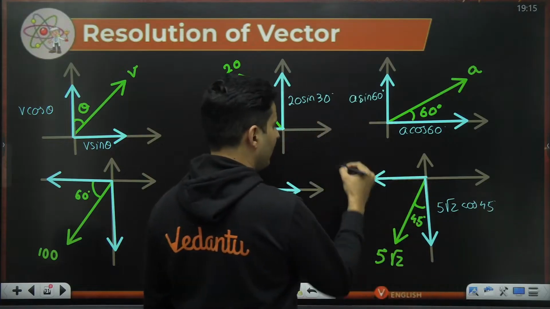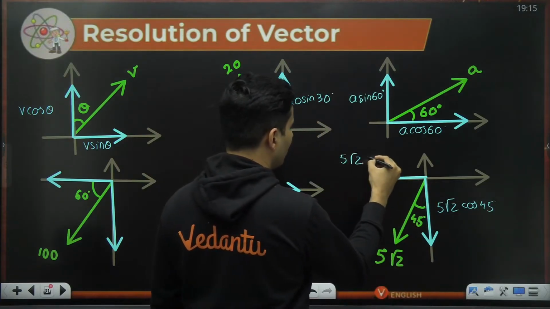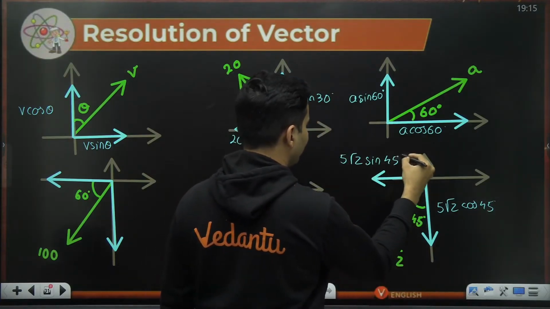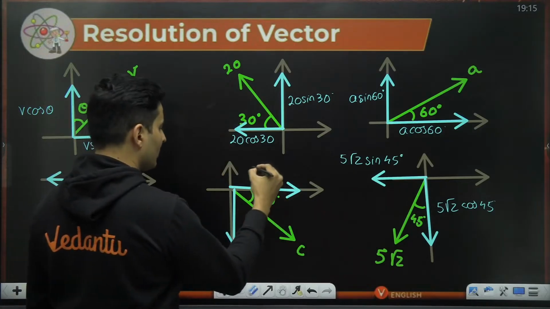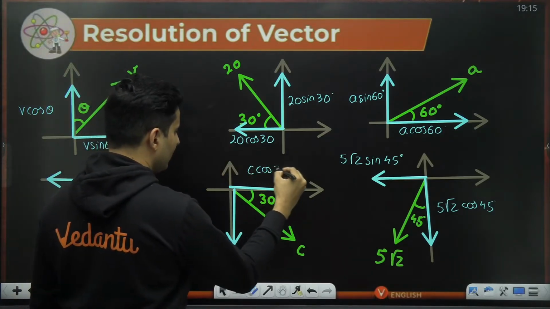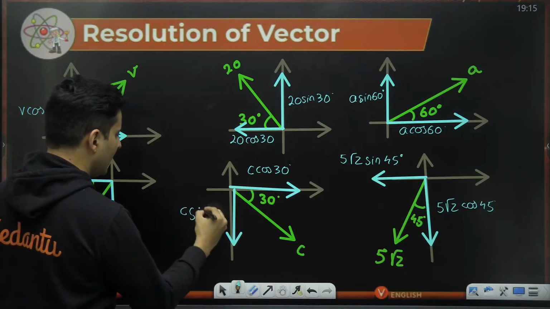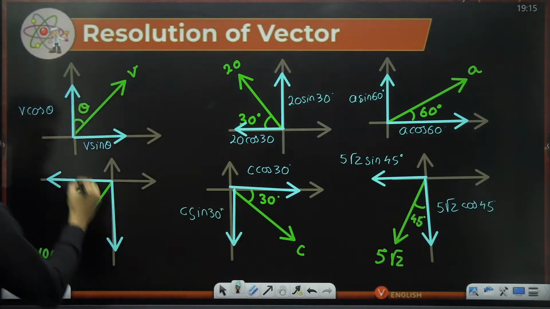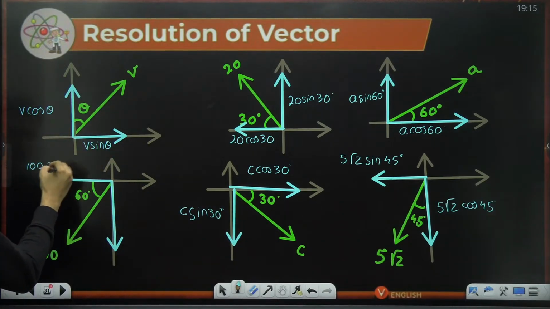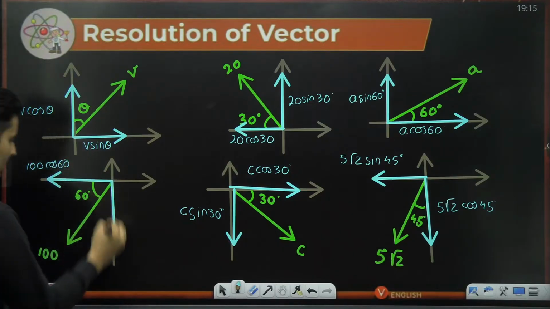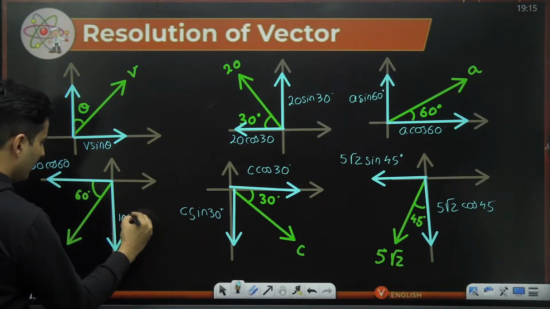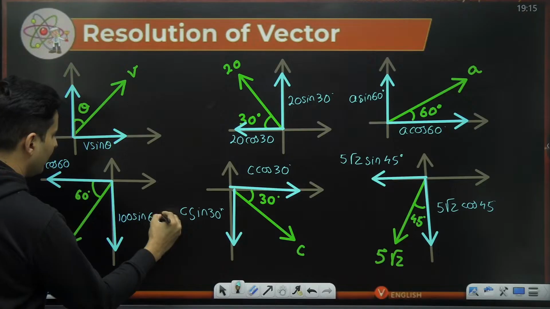And this is far away, so this will be 5 root 2 sin 45. This is closer, so this will be C cos 30. And this is far away from 30, so C sin 30. This is closer, so 100 cos 60, and this is far away from 60, so 100 sin 60.